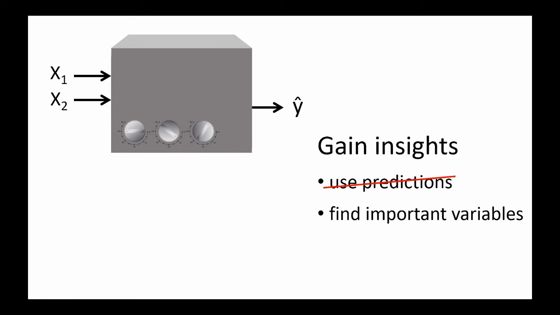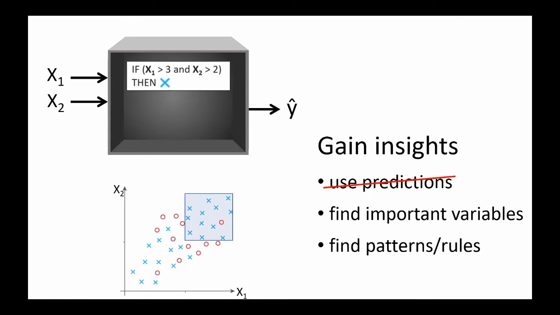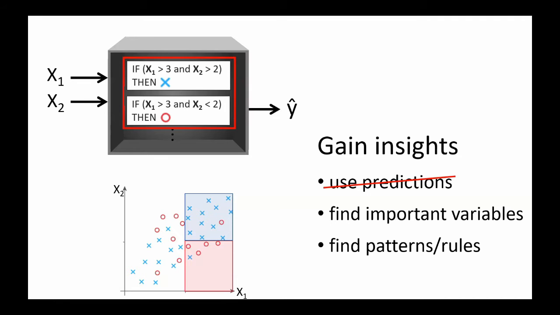If the predictions are just as good without one of the variables, we have learned that this variable isn't that important. If we use a linear model, we can even test hypotheses through feature engineering and selection. Some models, most notably the rule and relational learning models, can help us find patterns in the data. The rules found by these models should, however, be enjoyed with a bit of caution.